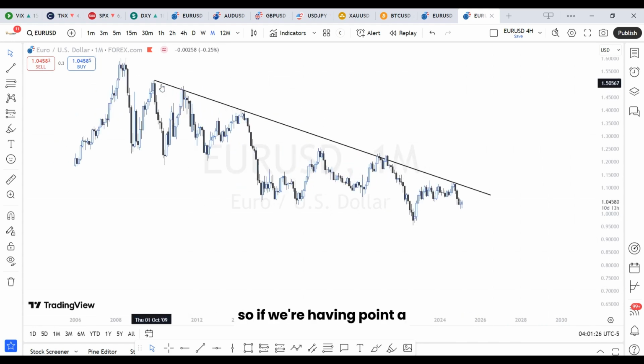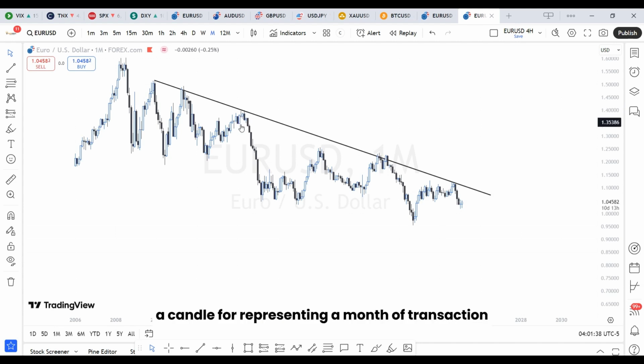If we're having point A, point B, point 1, or entry 1, and we have entry 2, entry 3, we now know that each candle represents a month of transaction. So for this month, we know that we have a sell trade all the way down for over 7 to 8 to 10 months.